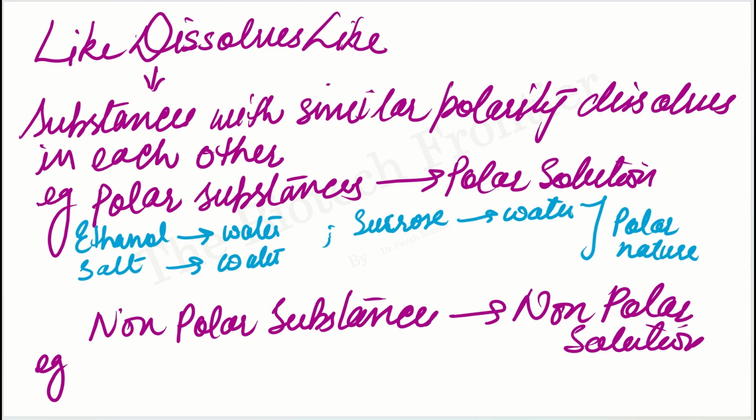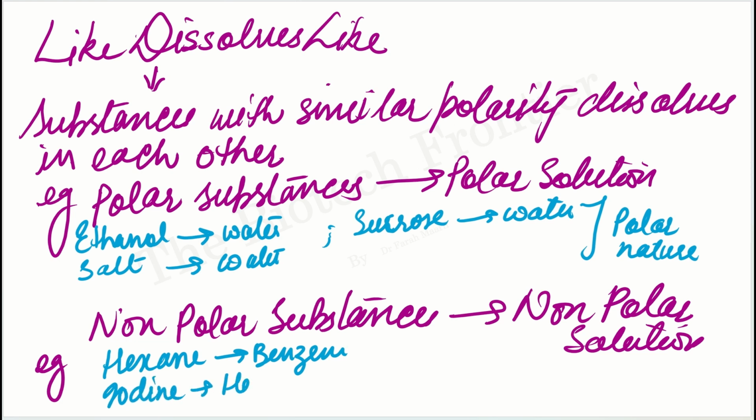When we talk about non-polar solutions, the examples are hexane in benzene. You can dissolve hexane in benzene. Another example is you can dissolve iodine into hexane very easily. Next example is oil in gasoline, or sulfur.